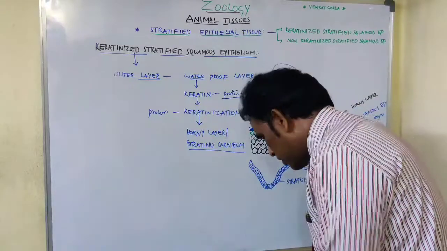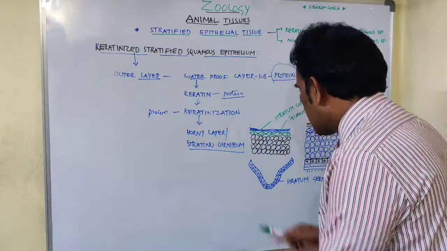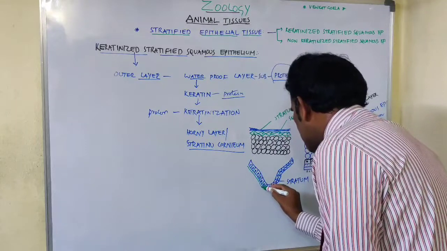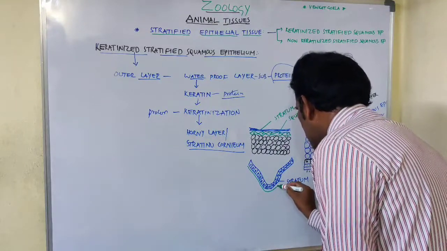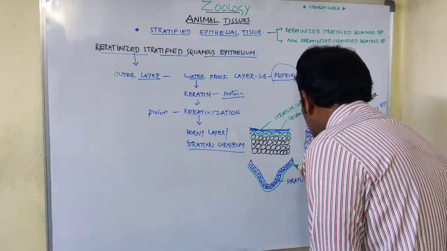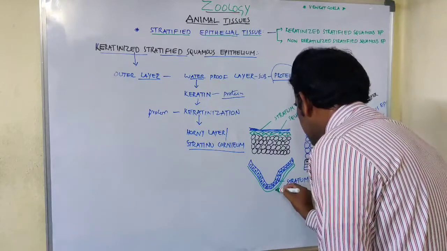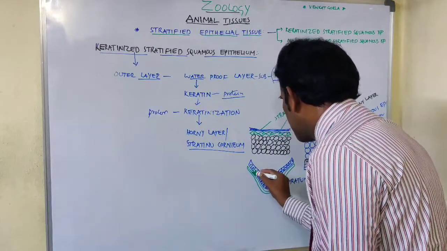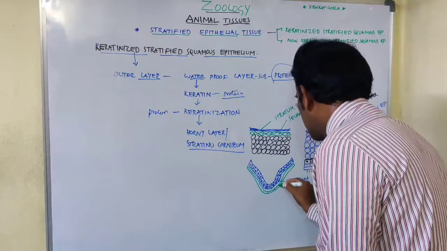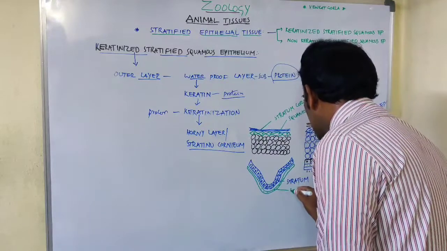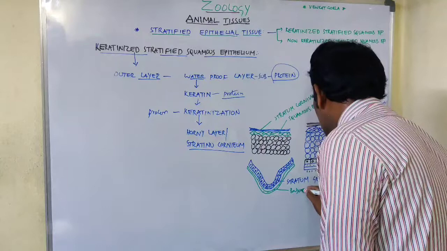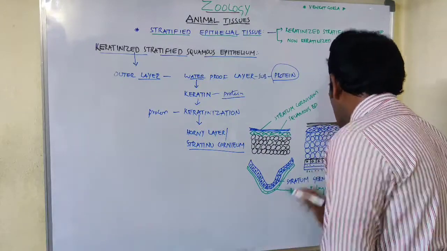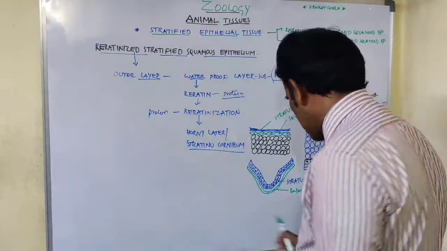This layer lies upon another tissue, which is called the basement membrane, a basement layer or basement membrane.